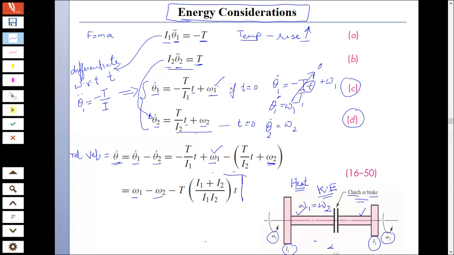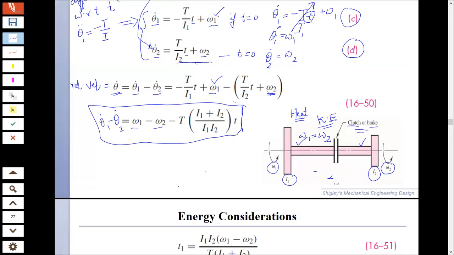So this is the difference between the two velocities, theta 1 dot minus theta 2 dot. This is the relative velocity.